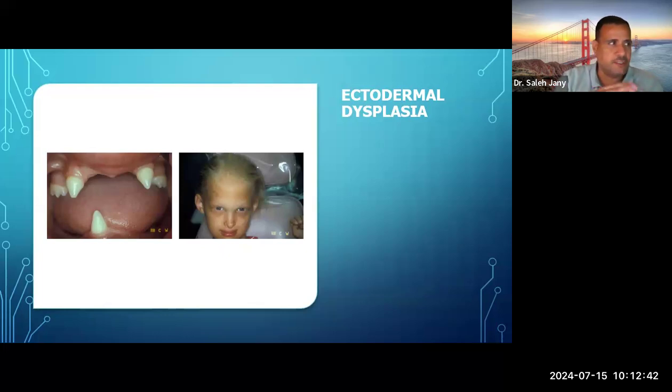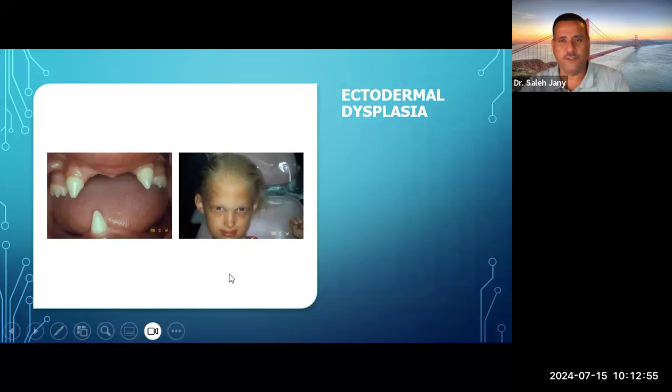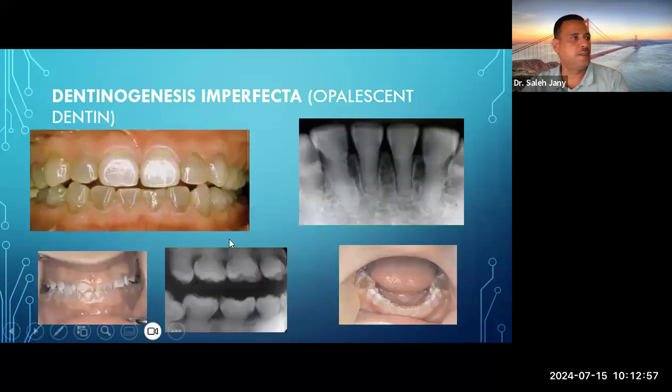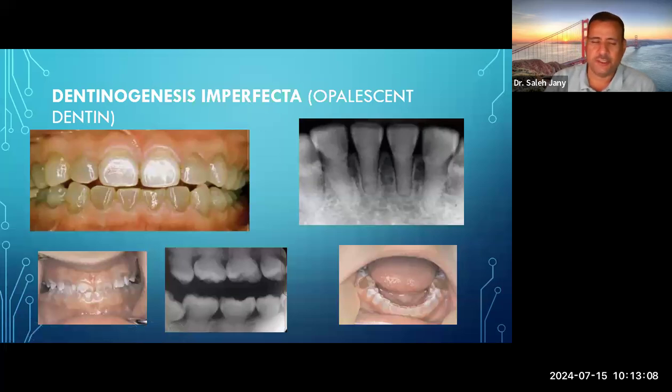So they are different. Whenever they have ectodermal dysplasia, we have abnormal enamel, and they have fewer teeth, and they have skin problems, hair problems, and vision problems. Even the eye will be different. Sometimes there is something wrong with the dentin. Dentinogenesis imperfecta. Sometimes it's dentinogenesis, sometimes osteogenesis, where the bone is also imperfecta. Sometimes the dentin is abnormal.